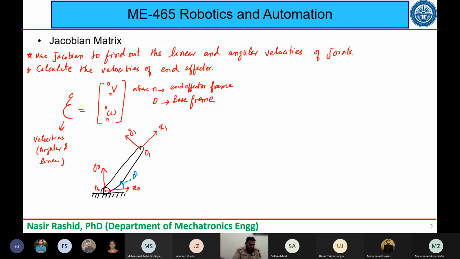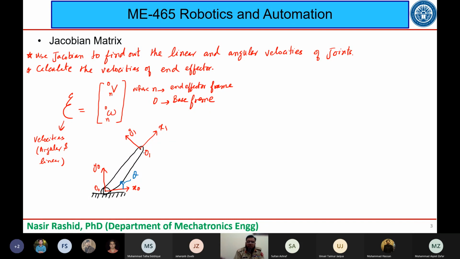All right. Now, just going back a little and considering the course of dynamics which you have studied, we know that the linear velocity of O1 can be given by a formula. Do you remember something about this?